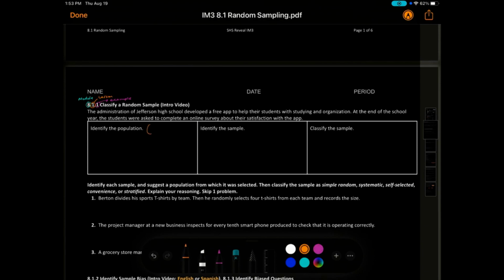What is the biggest group possible? Who is the all in this case? Well, the all in this case is everyone at Jefferson High School, all the students at Jefferson High School.